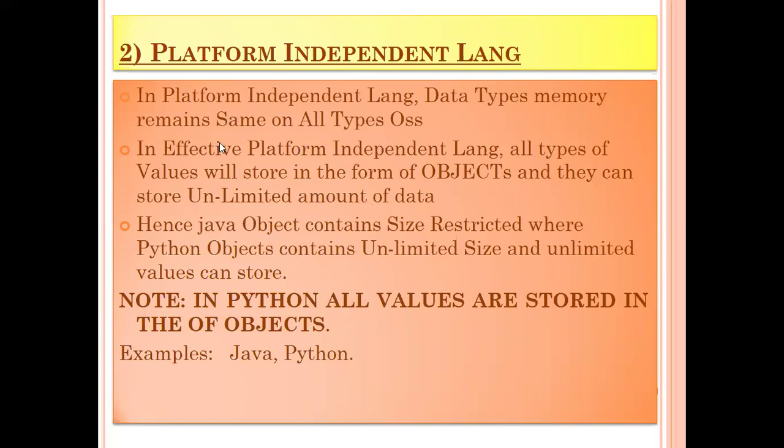In an effective platform independent language, all types of values are stored in the form of objects, and they can store an unlimited amount of data. If we talk about other languages such as Java, they are size restricted, whereas Python objects contain unlimited size and unlimited values can be stored. Why so? Because whatever we store is stored in the form of objects.